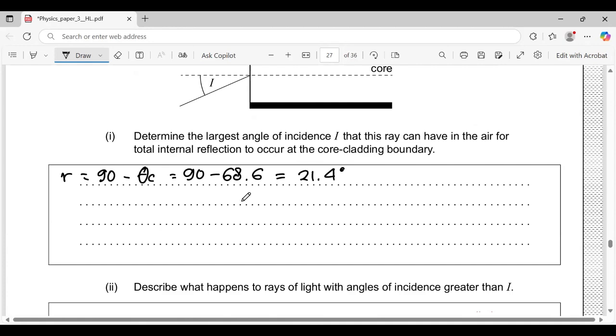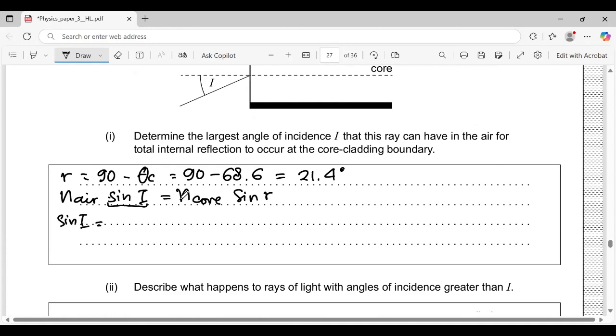After that, the next step, we will apply Snell's law: n air times sine I equals n core times sine r. We are going to find sine I, and after that find I. So we need to rearrange this formula with sine I as the subject.